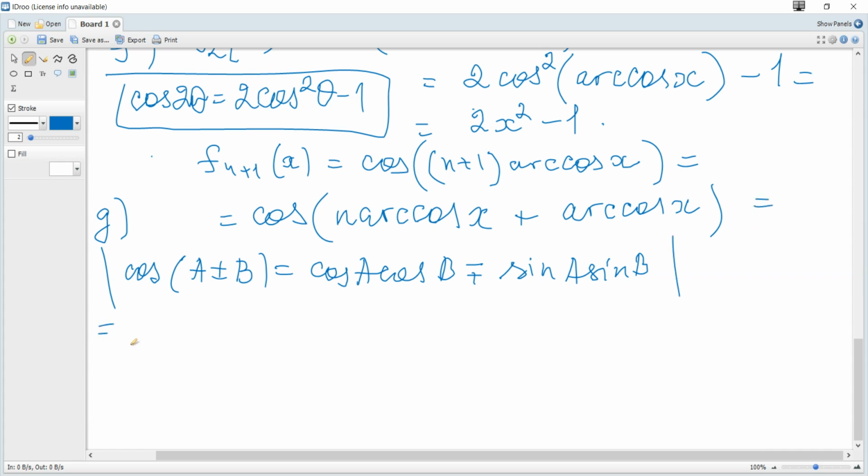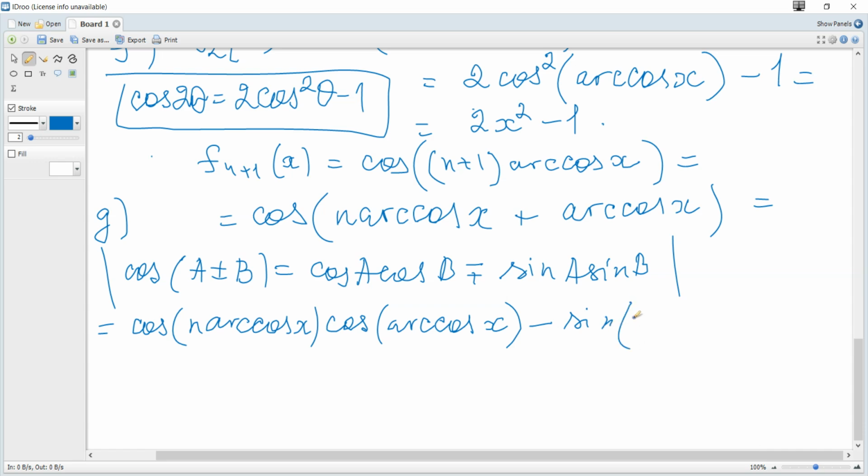So it becomes cosine of n arccos x multiplied by cosine of arccos x, minus sine of n arccos of x multiplied by sine of arccos of x.